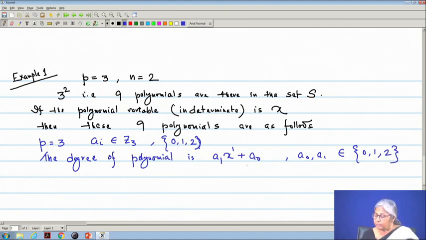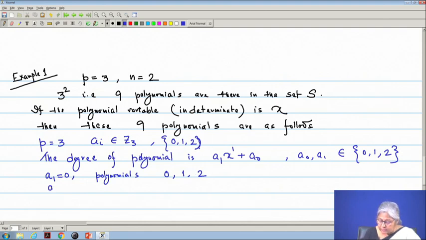So, if I take a1 equal to 0, then the first term will be 0 and a0 can be 0, 1, 2. So, the 3 polynomials we get are 0, 1, 2.